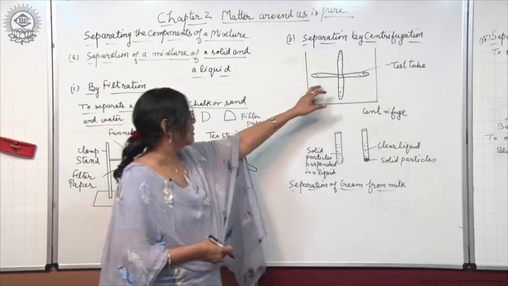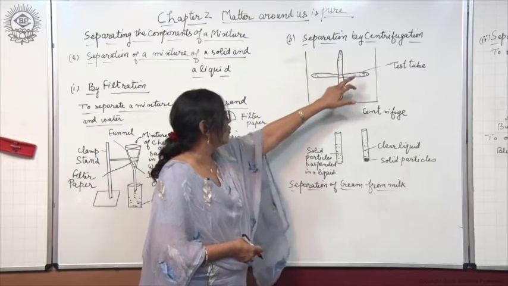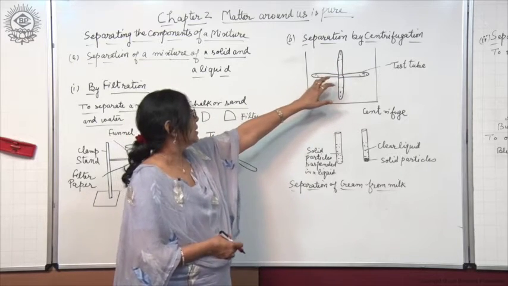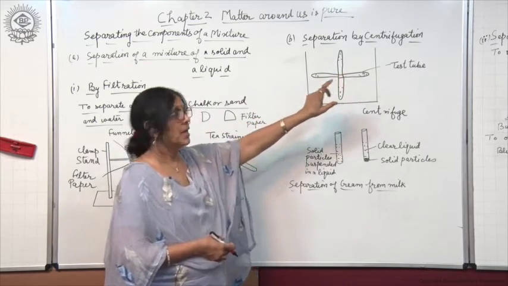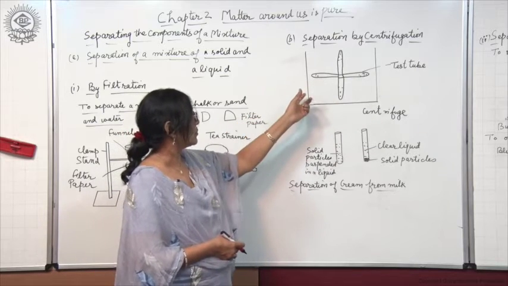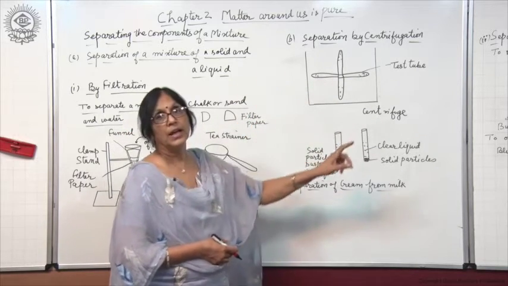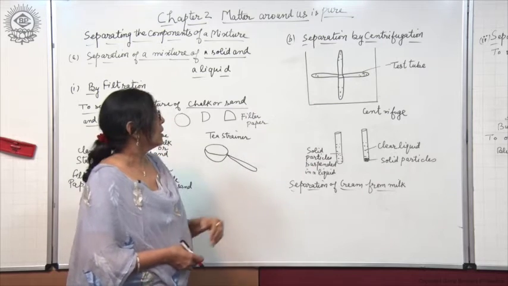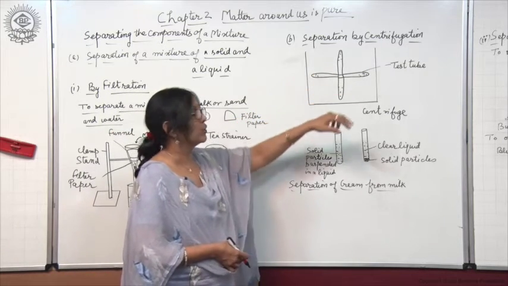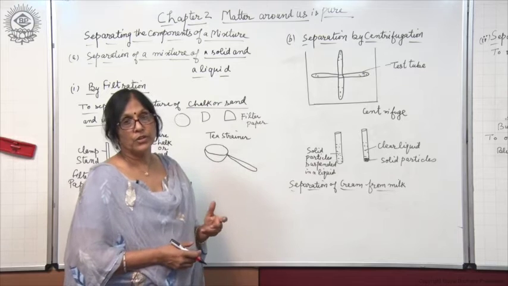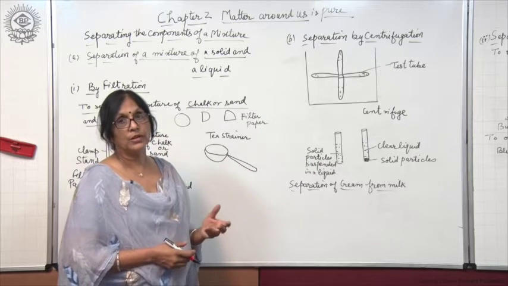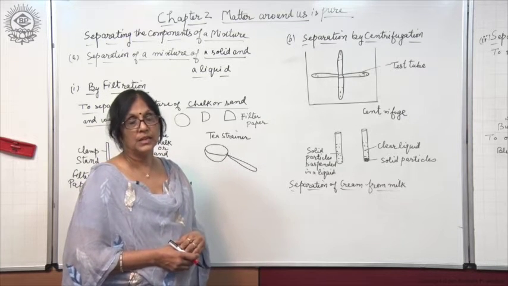Here a simple diagram has been made showing 4 test tubes. They are attached to a center place, and from the center the tubes are rotated at a very high speed. These test tubes are filled with equal volumes of the mixture of solid and liquid, the solid being insoluble in the liquid.